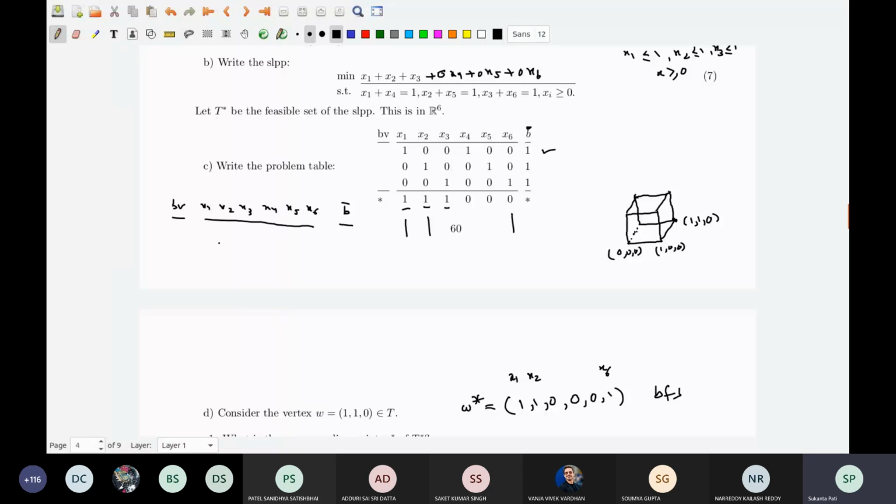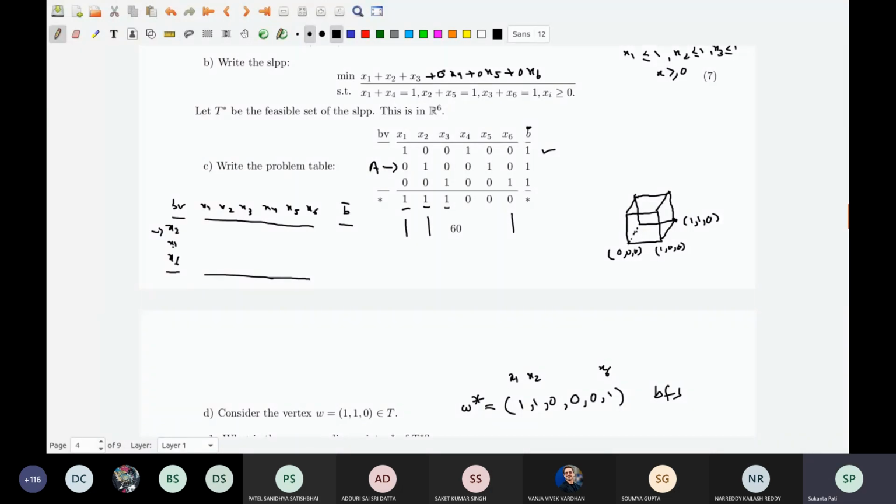Okay, what am I supposed to do? I have written the structure over here. Now what is my basis? First I write the basis, X2, X1, X6. This is A. The column below X2, the first basic variable, should look like 1, 0, 0.